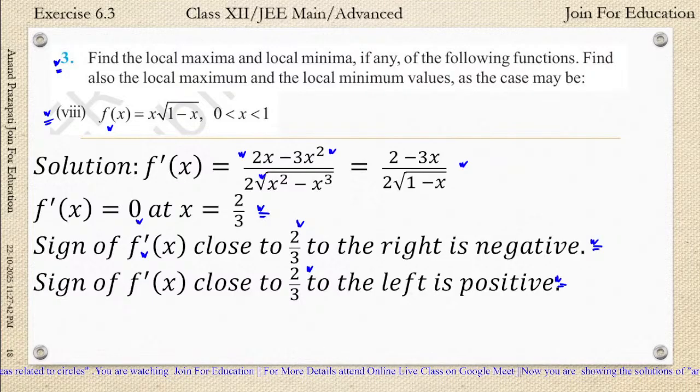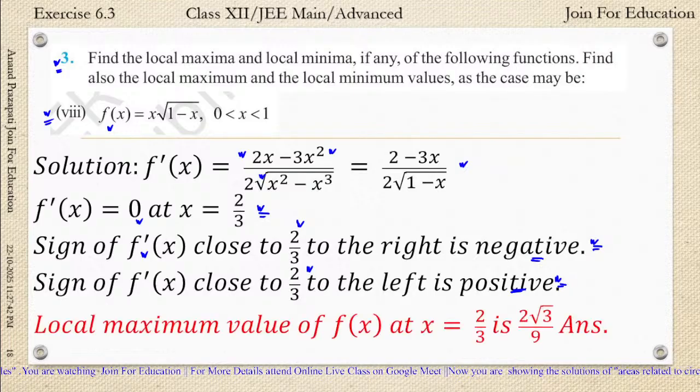Sign changes from negative to positive. Therefore, local maximum value of f x at x equal to 2 by 3 is 2 into root 3 by 9. So I hope that there is no problem to understand the solution of question 3 to 8.